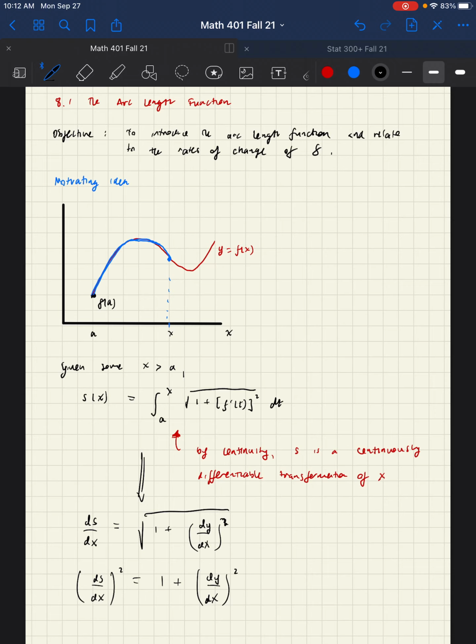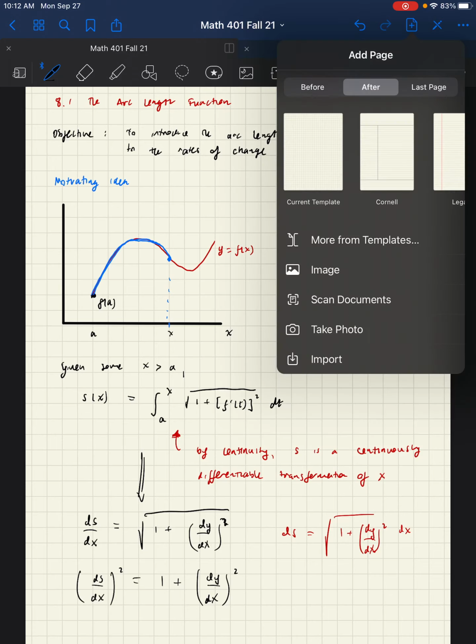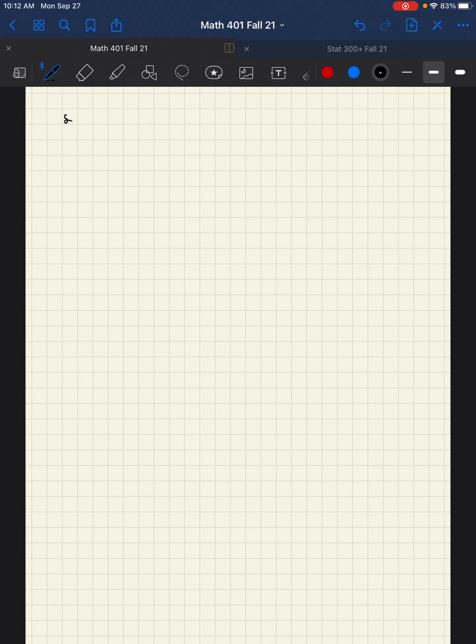Aha! We get a really cool relationship here, especially if we think about the differential. Remember, the differential basically means ds equals the derivative times dx, the differential in dx.